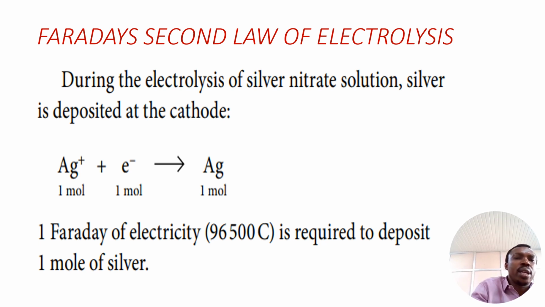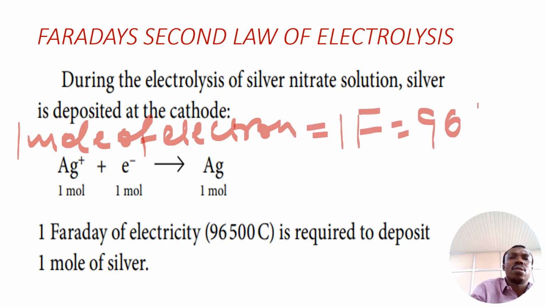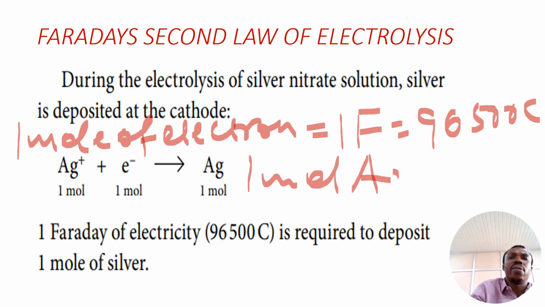So 1 mole of electron is equal to what? 1 Faraday, which is equal to 96,500 coulomb, required to deposit 1 mole of silver, which is equal to the relative atomic mass of silver, 108 grams of silver.